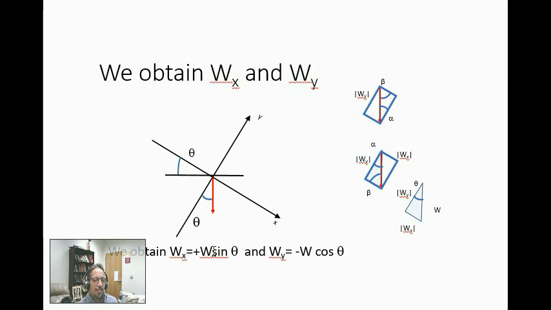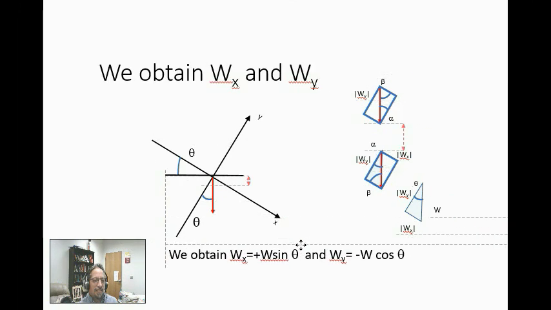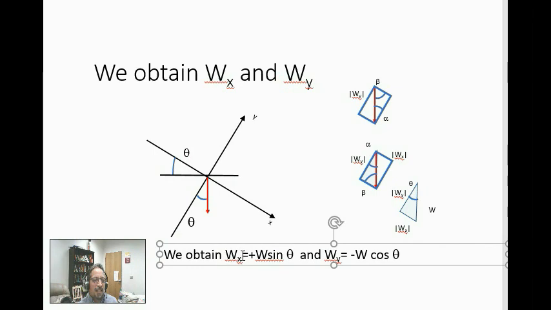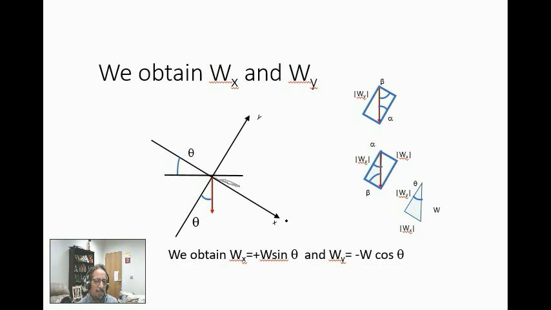The correct answer is that the x component is going to be, we got a moment ago that the magnitude was w sine theta, but now we can actually add the plus sign because, take a look, this is positive in this direction and this is negative in the y direction. So wy, the y component, is minus w cosine theta.